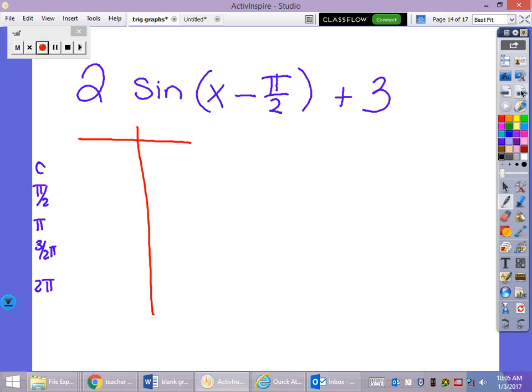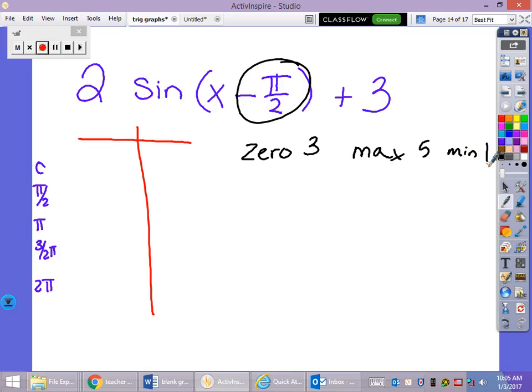All right. So here is a problem that has a phase shift, okay? But let's start with what is my 0? And my max and my min, 1, okay?